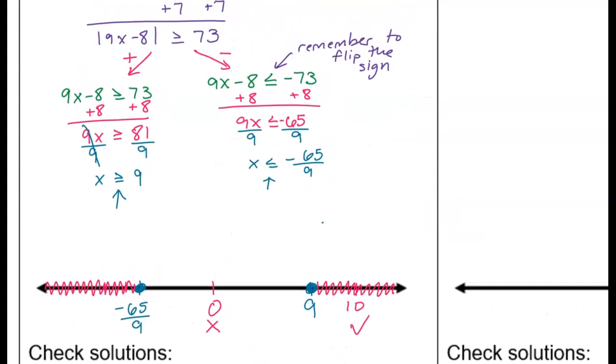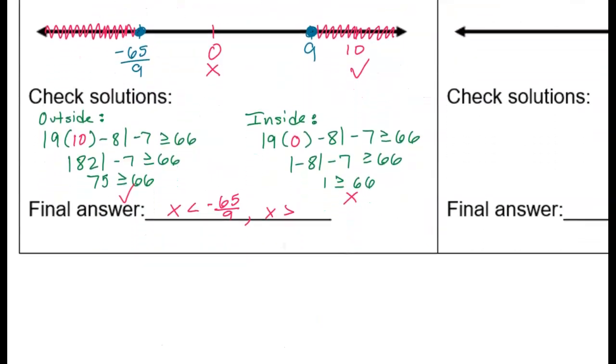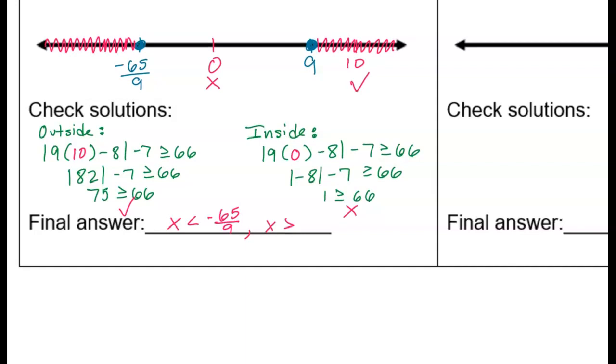Oh, but this was a less than or equal to symbol, so it does need to be x is less than or equal to negative 65/9, and x is bigger than or equal to 9. And that is my solution set. And I'm done.